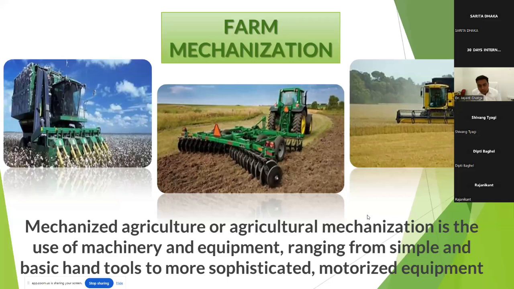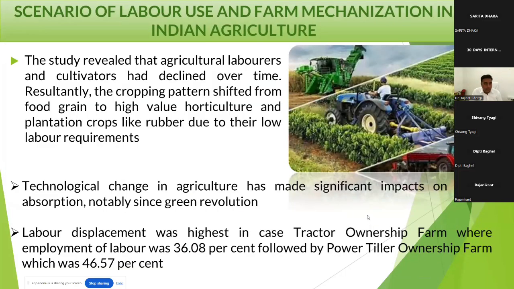But for marginal or small farmers, we need to give solutions in the form of different tools and small machineries like the power tiller or power weeder. That kind of extension work is needed.